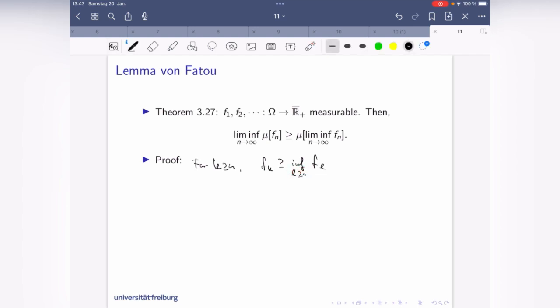So we can write down mu fk is bigger or equal than mu of the infimum over l bigger or equal than n of fl. This follows from monotonicity of the integral. This holds for all k bigger or equal than n. So it also holds for the infimum of this here.